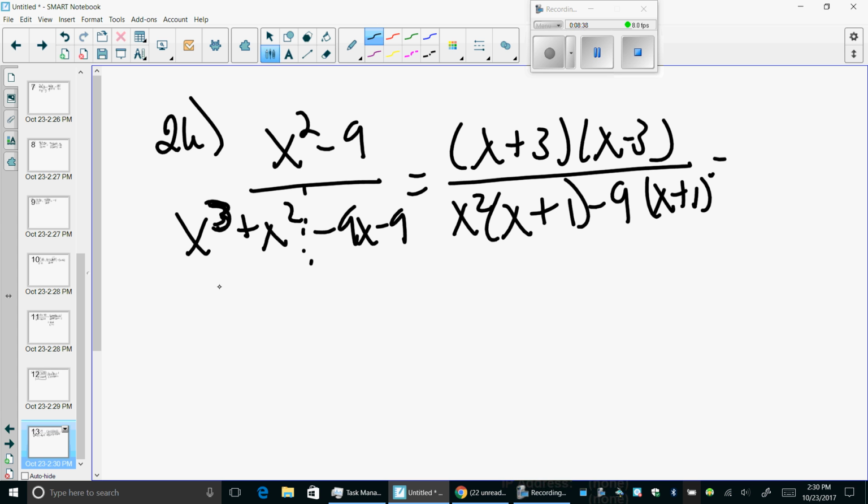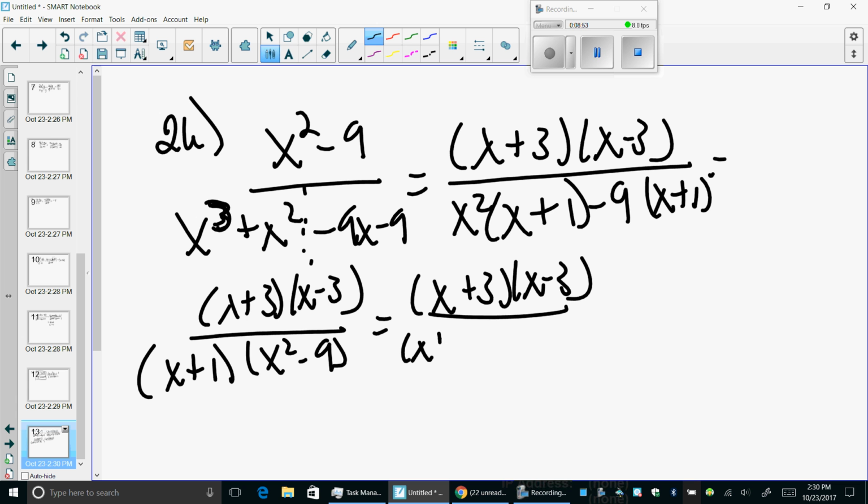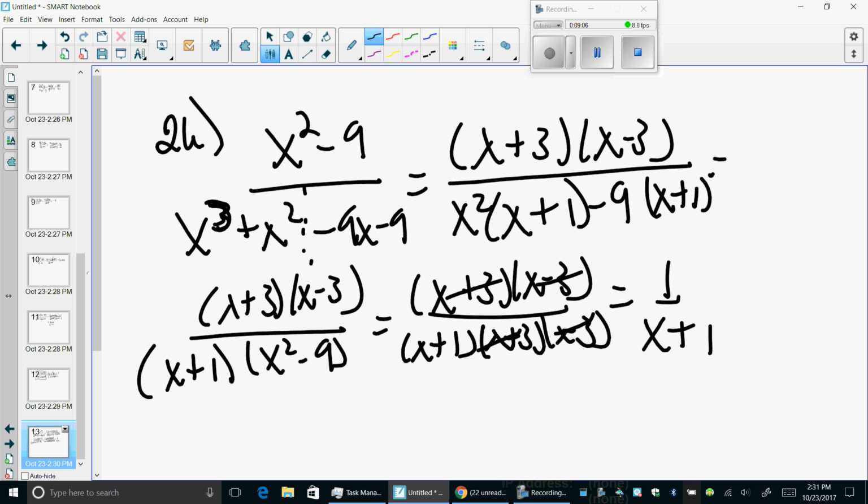So I get x plus 3, x minus 3. And on the bottom, this common factor is x plus 1, and the other factor would be x squared minus 9, which can be factored too, to x plus 3 and x minus 3. And so that cancels and that cancels, and I get 1 because there's nothing left on the top, so I put a 1 on the top and x plus 1 on the bottom.